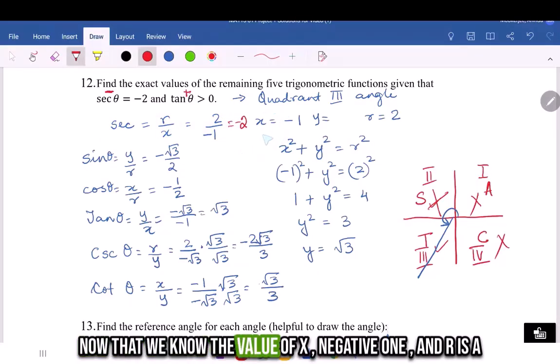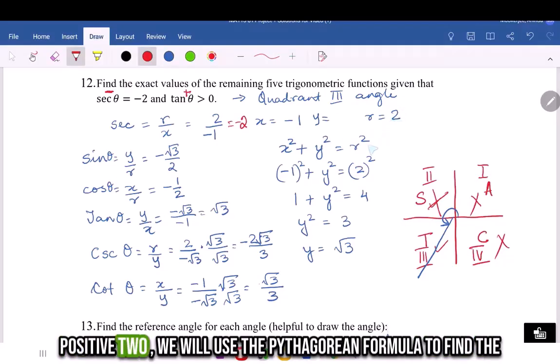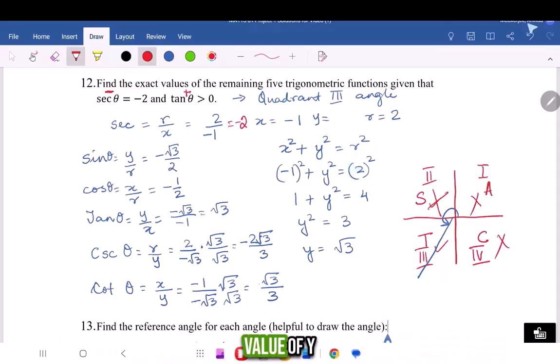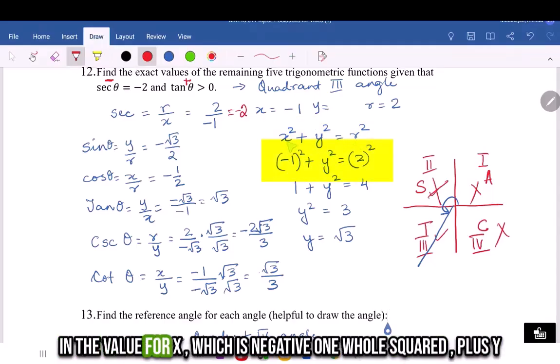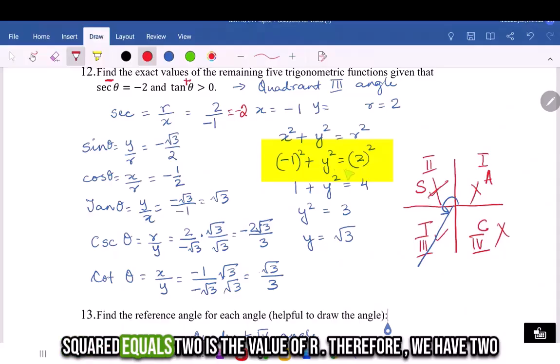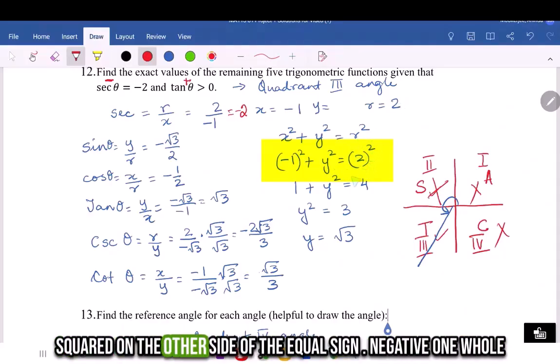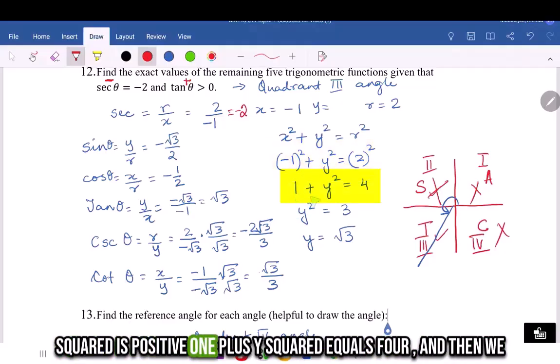Now that we know the value of x, -1, and r is a +2, we will use the Pythagorean formula to find the value of y. The formula is x squared plus y squared equals r squared. Plug in the value for x, which is -1 whole squared, plus y squared equals 2 is the value of r, therefore we have 2 squared on the other side of the equal sign. -1 whole squared is +1 plus y squared equals 4.